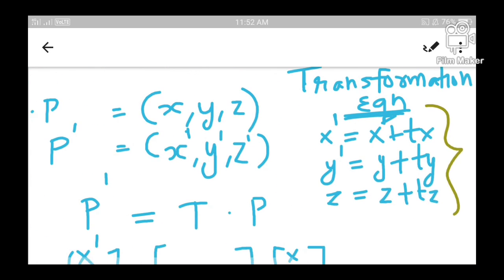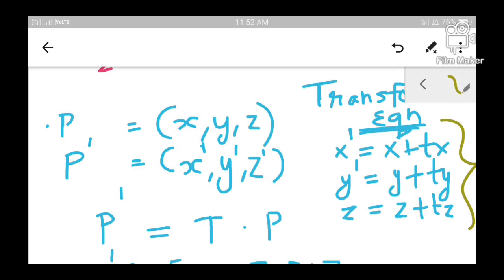This is the general way of representing a translation, where you have to write the general equation from right to left. I will explain how. This is the initial point.